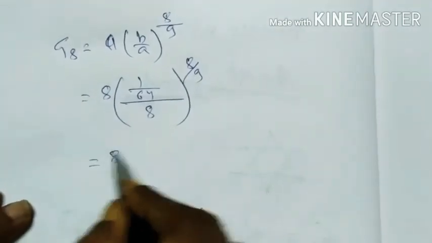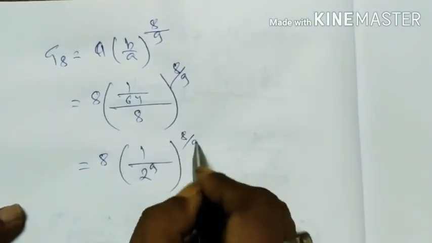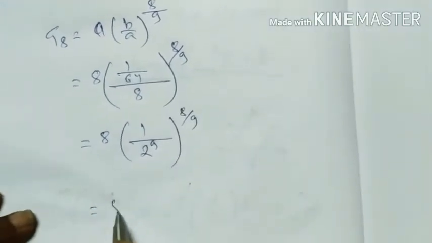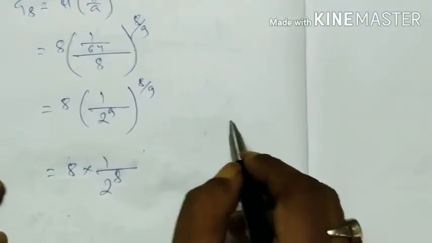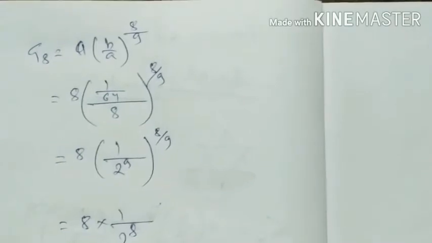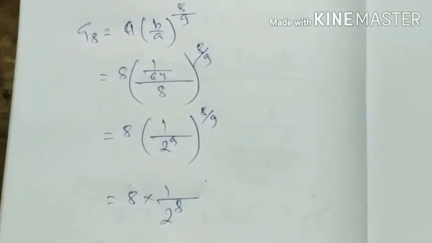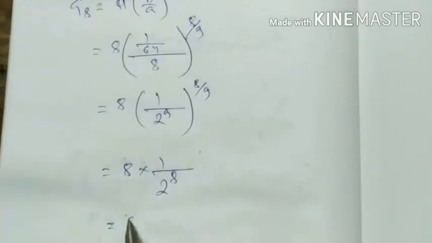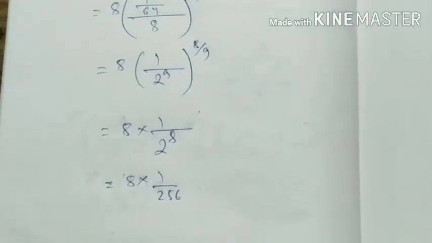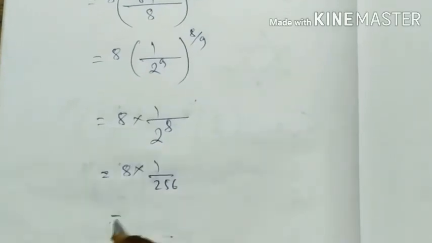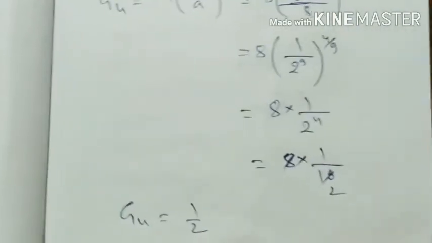So this is 8 into 1 by 2 to the power of 9, to the power of 8 by 9. 9 cancels out, 8 into 1 by 2 to the power of 8. I am taking the help of calculator, 2 to the power of 8 comes out to be 256. 8 into 1 by 256, so 256 divided by 8 is 32, so 1 by 32. See, your G8 is 1 by 32.